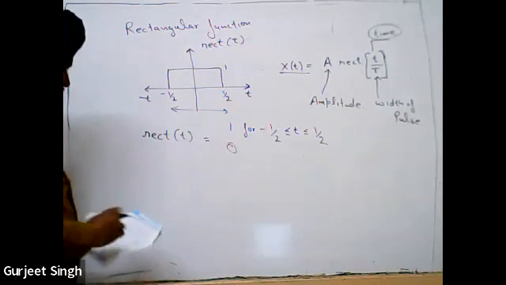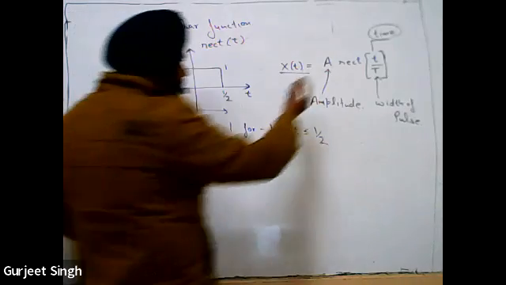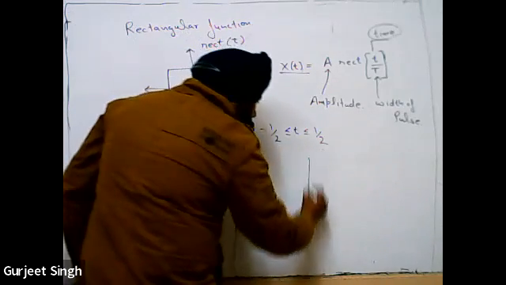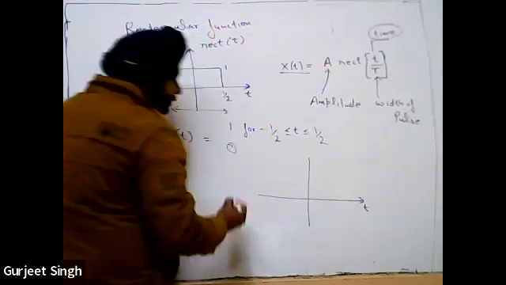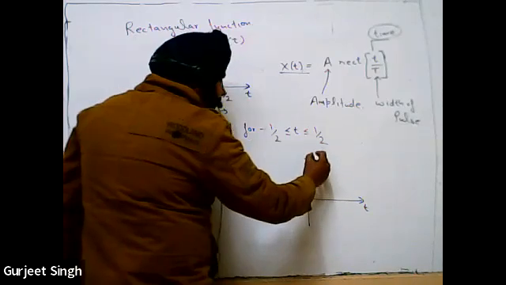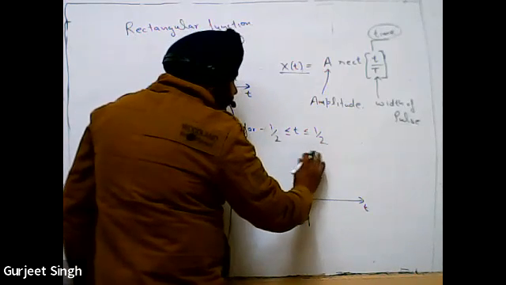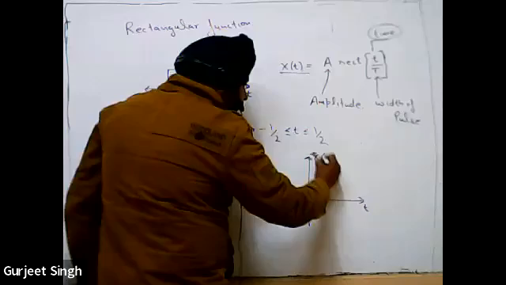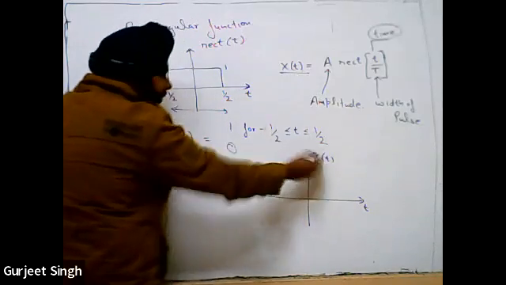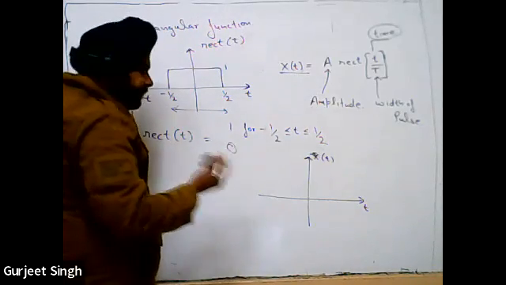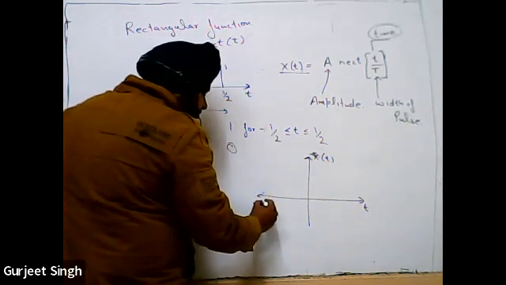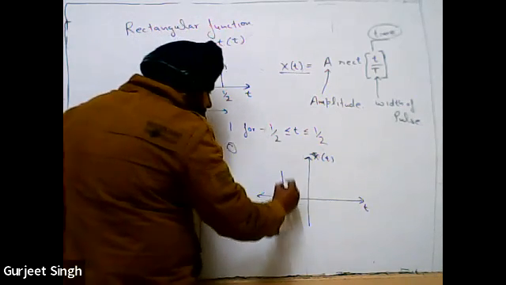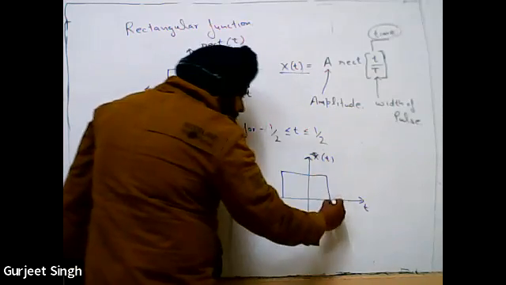So what is this function in this case? If I am drawing one rectangular pulse, this is the time t. This is my function x(t). The x-axis is representing time t, and I am drawing this rectangular pulse.